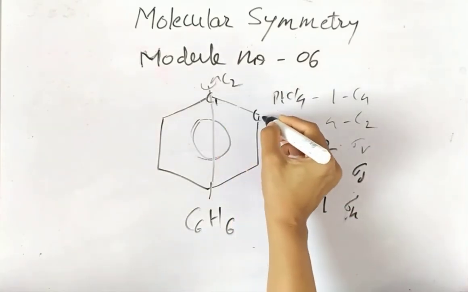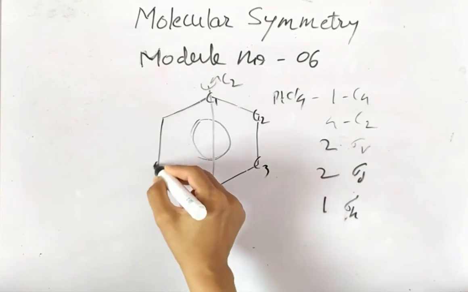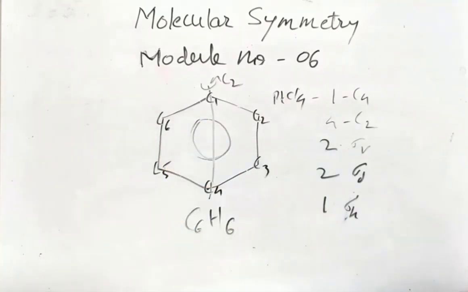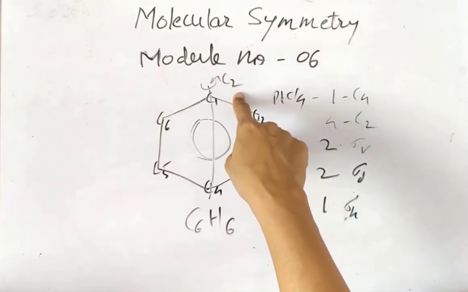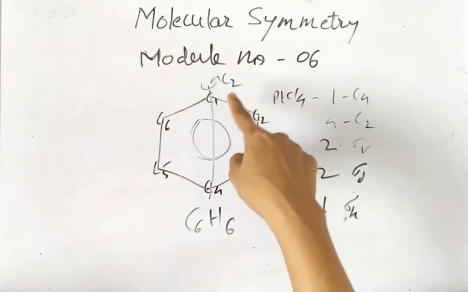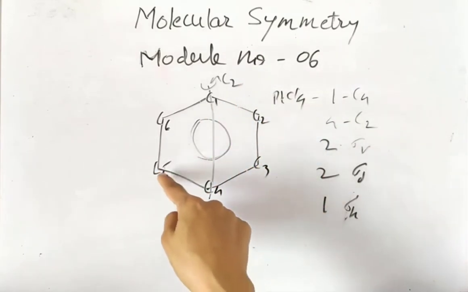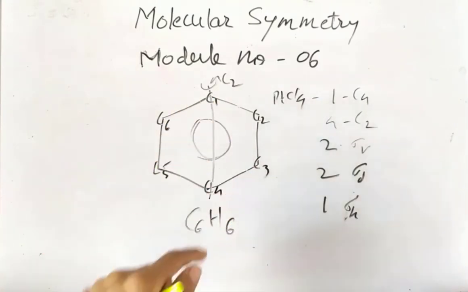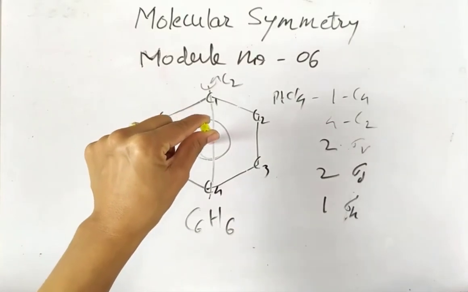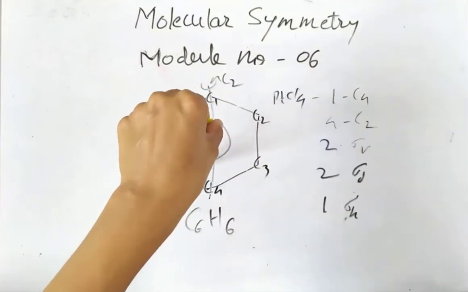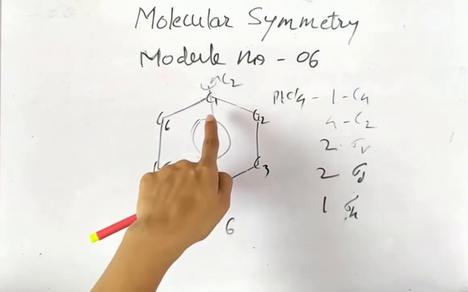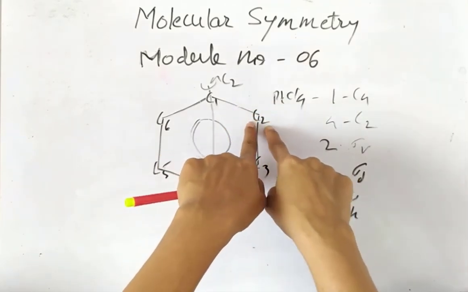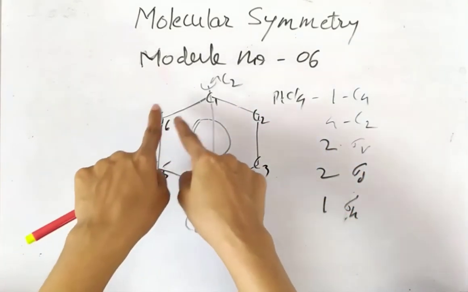Here we have C1, C2, C3, C4, C5, C6. This C means carbon atom. This C2 is the rotational axis. And these are the carbon atoms, first, second, third, fourth, fifth, sixth. There are 6 carbon atoms in benzene. If you pass the rotational axis like this and rotate it in the clockwise direction, after the first rotation this C1 will come at the place here, C2 will go here, C3, C4, C5 and C6.